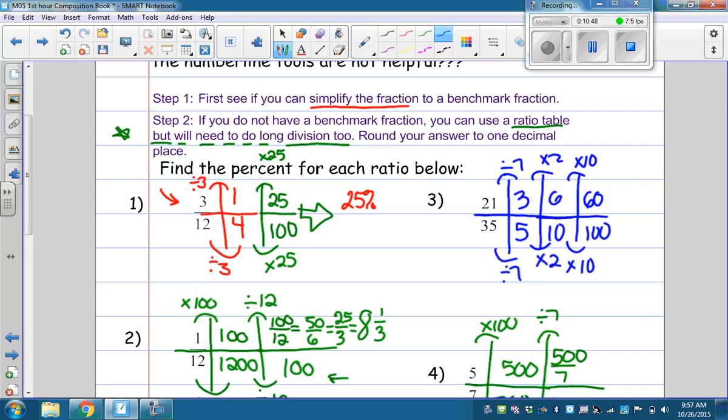So what percent is 21 out of 35? 60%. Right, 60%. If it were 50%, it'd be exactly half of 35. It's a little more than half. Half of 35 is 17 and a half. Okay?